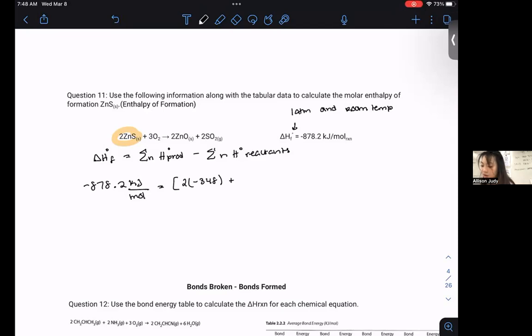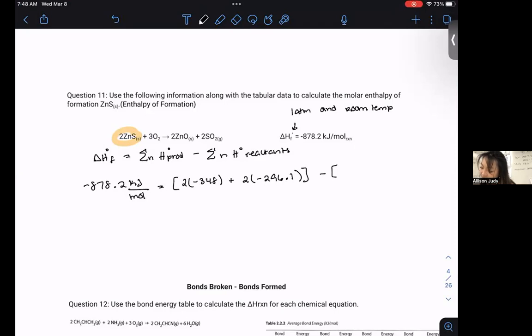Plus the sum of my other product, sulfur dioxide, which is 2 times negative 296.1 kilojoules per mole, times 2 because we have the coefficient of 2. Then we subtract from this product value the molar enthalpy of formation of our reactant species.